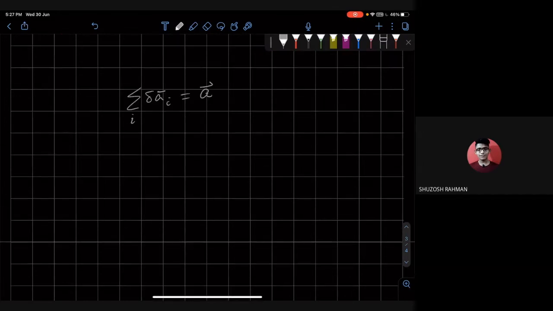Now suppose that this finite A was 0 in such a way that all these delta A's are very small vectors essentially inscribing a circle. Okay, we can do that, right?